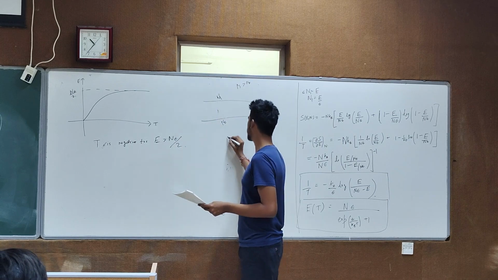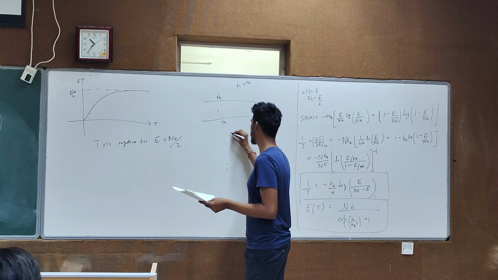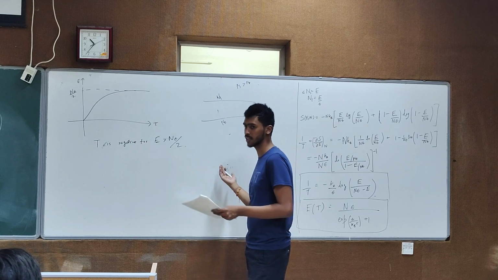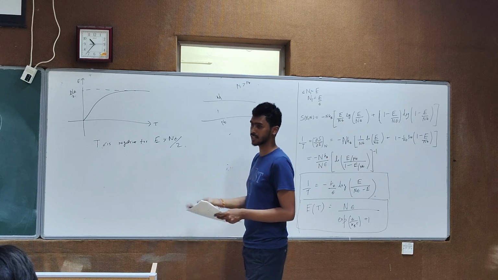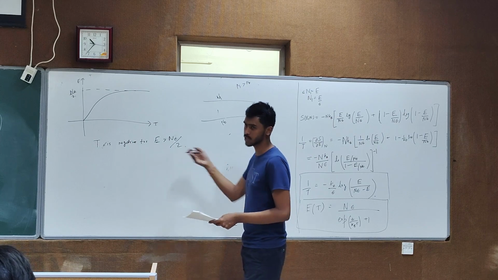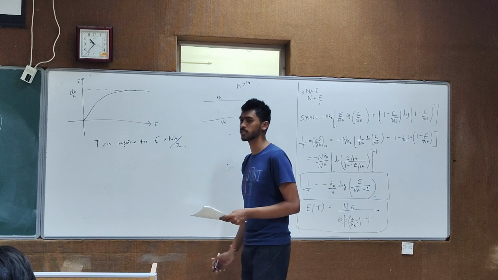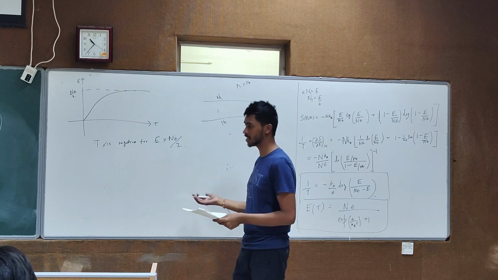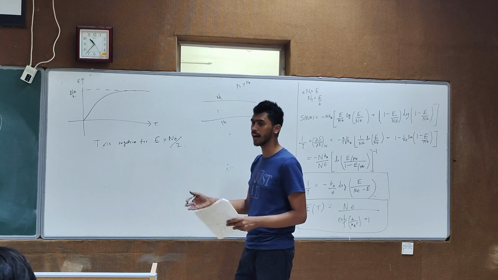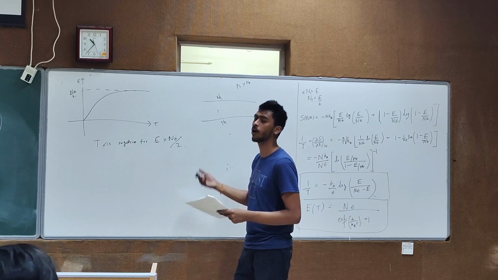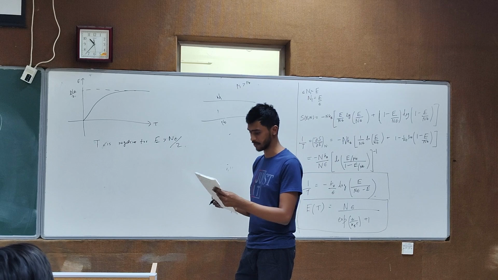So if you keep a system with negative temperature in contact with a system with positive temperature, the negative temperature system has higher energy, so it will lose energy to the system with positive temperature. So in that sense, your negative temperatures are hotter than your positive temperatures.